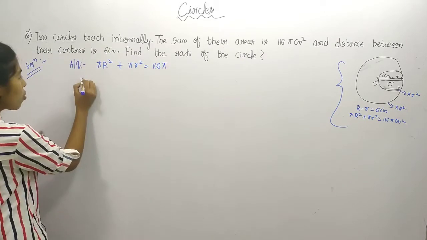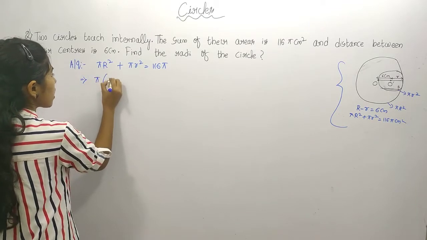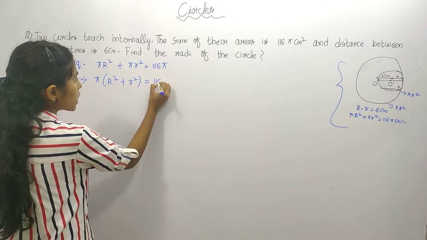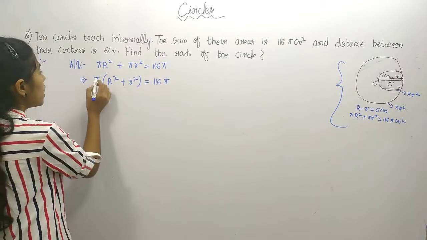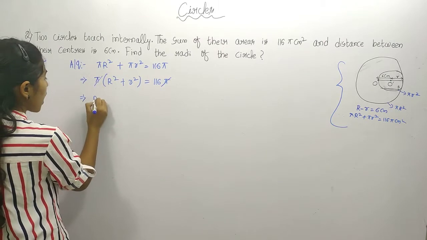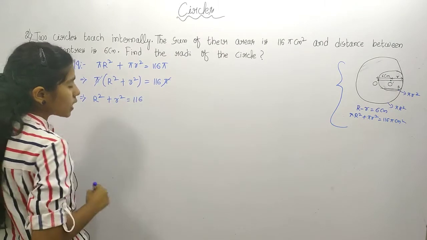Okay. So here you see pi is common, we can take it out. So inside, capital R square plus small r square equals 116 pi. Here pi and pi will cancel each other. So what we got? Capital R square plus small r square equals 116.